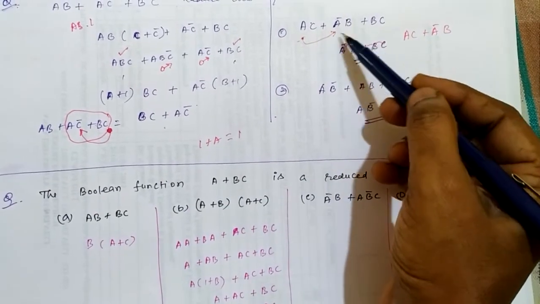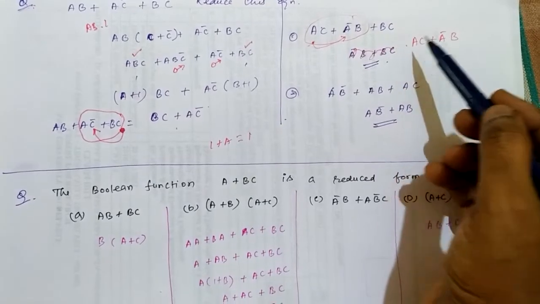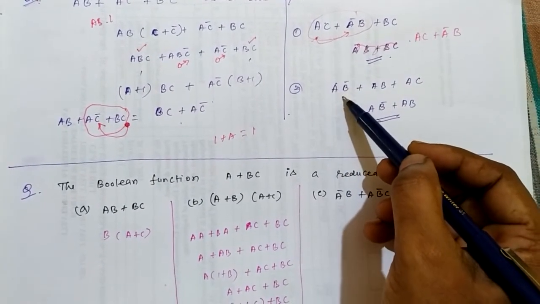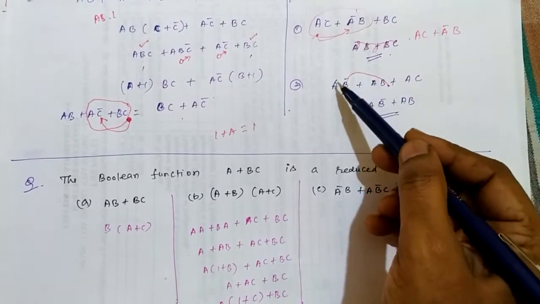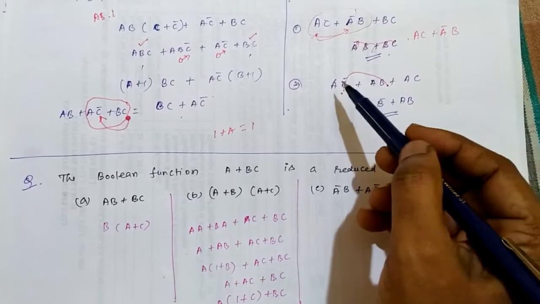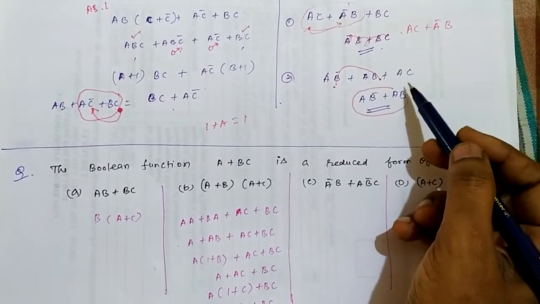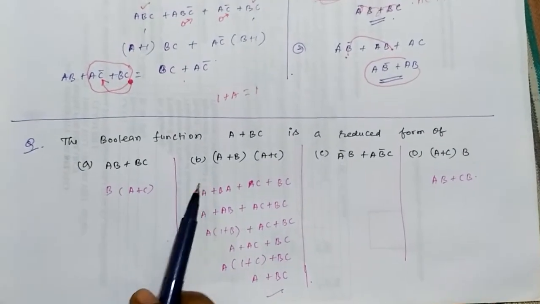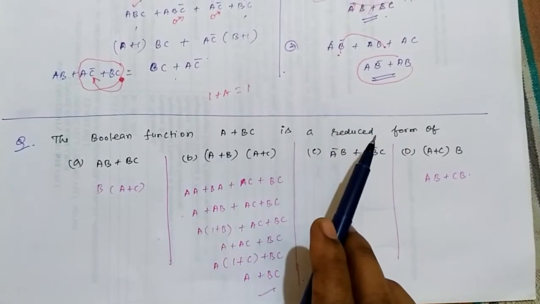The result of this expression is you take only these two variables. Similarly, here B is the variable, its complement is available here. So the result is only these two, that is AB bar plus, by neglecting the other term.